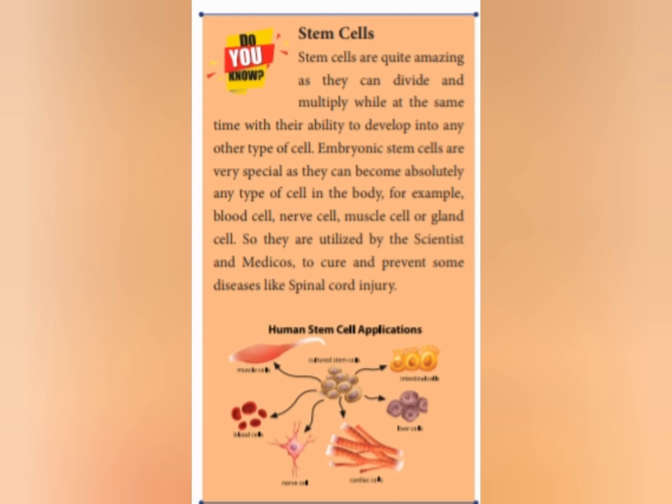For example, from stem cells we can develop blood cells, nerve cells, muscle cells or gland cells. Scientists and medical professionals use stem cells to cure or prevent some diseases like spinal cord injuries.